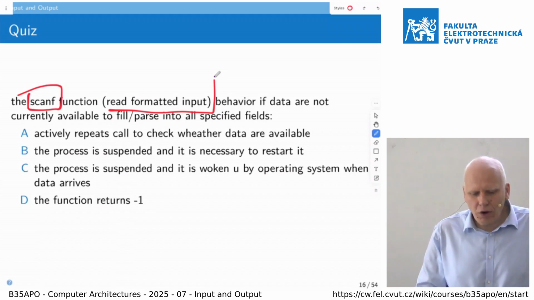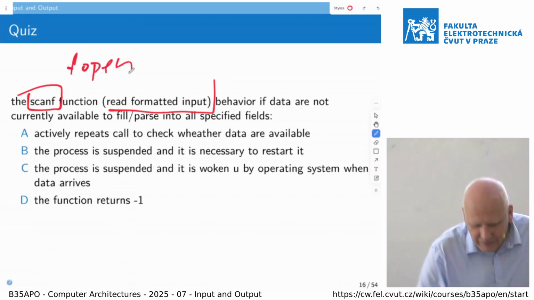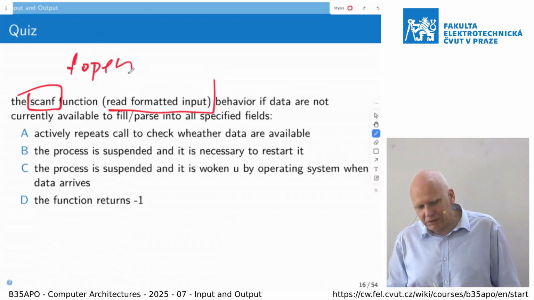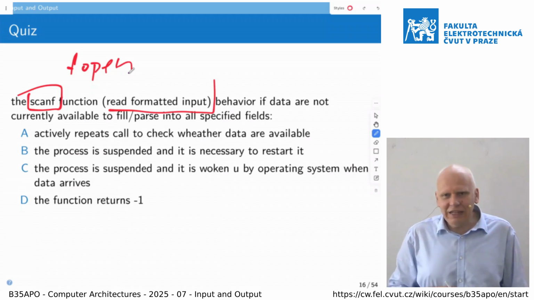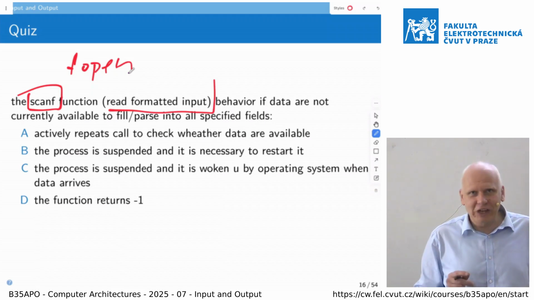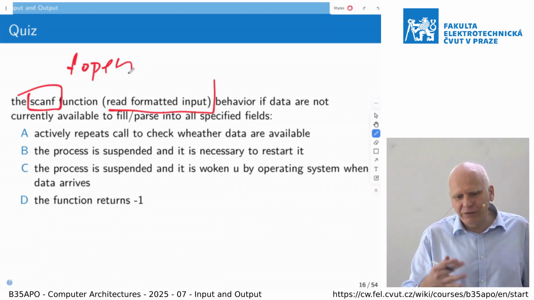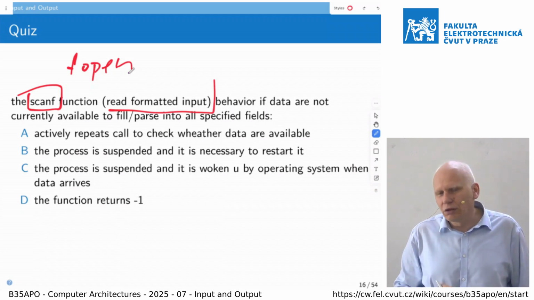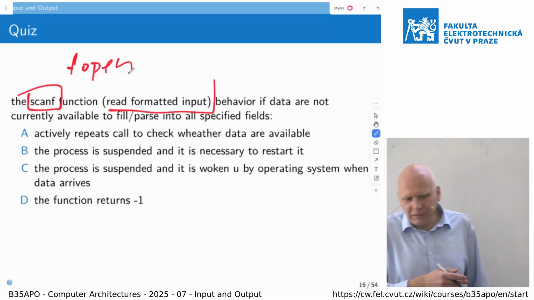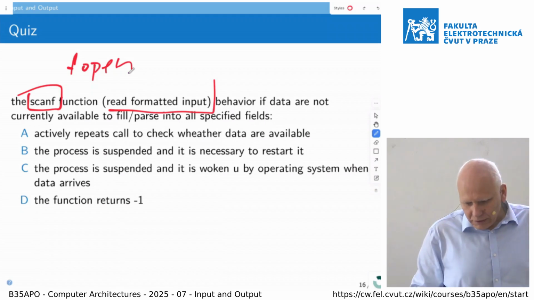But if you open it with fopen, then it is opened by default in the blocking mode. So it means that it waits at least for the first byte, but the first byte is not enough to fill everything. For example, if you ask for three integer values, then from the first byte you do not know, because it can be part of the first number or it can continue and so on.